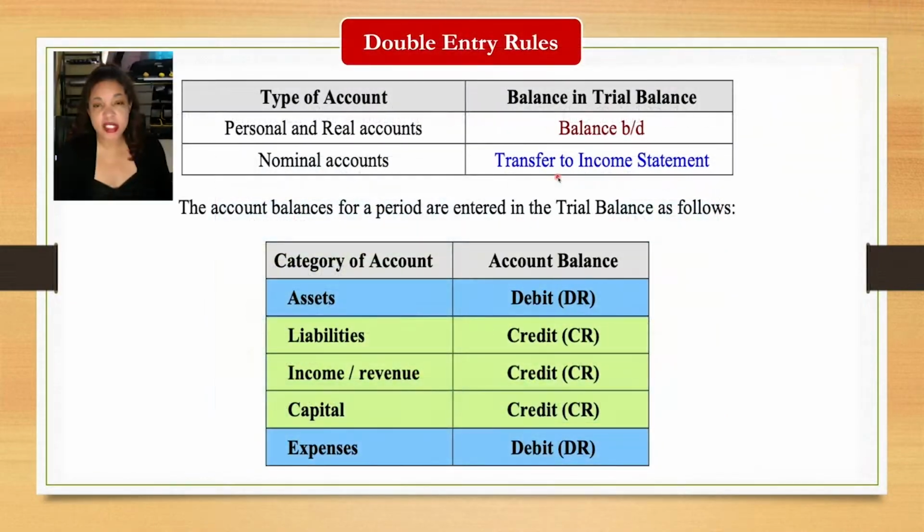And just to clarify more, the balances for your real and personal accounts, which would be your balance brought down, go in the trial balance under the relevant column, and the nominal accounts, which would be your expense and revenue or income accounts, will be the amount that we transfer to the income statement when we close off those accounts.